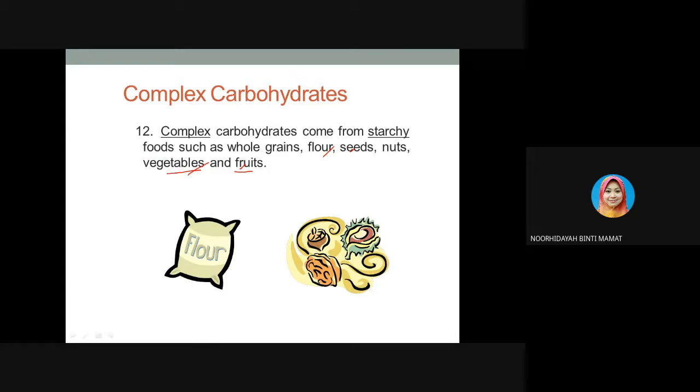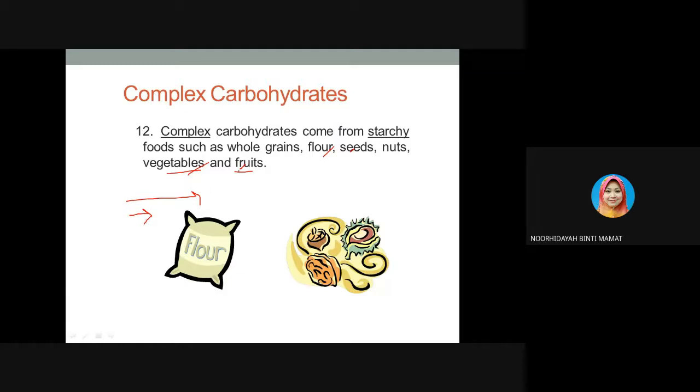So these complex carbohydrates we can consider as a good intake, right? Because they have longer molecules of sugar compared to the simple sugar, which only has shorter chains of molecules.